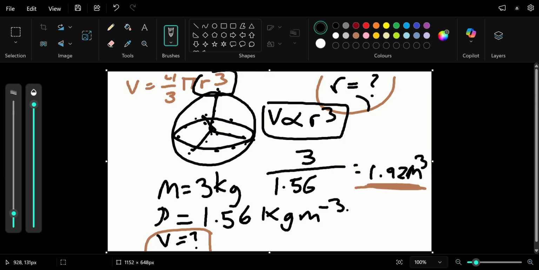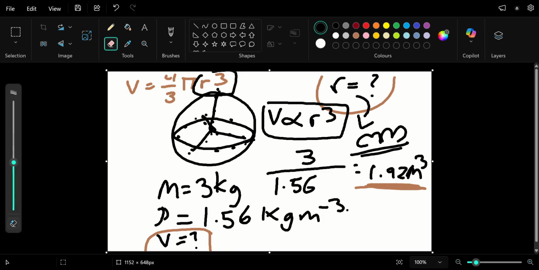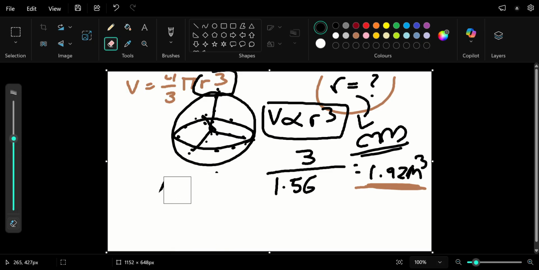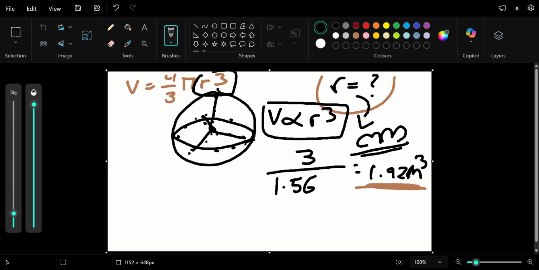But now the second part of the question is asking for the radius in millimeters. So now we've got a bit more work to do. In this scenario, we have to substitute into a different equation this time, just simply the equation of the sphere.